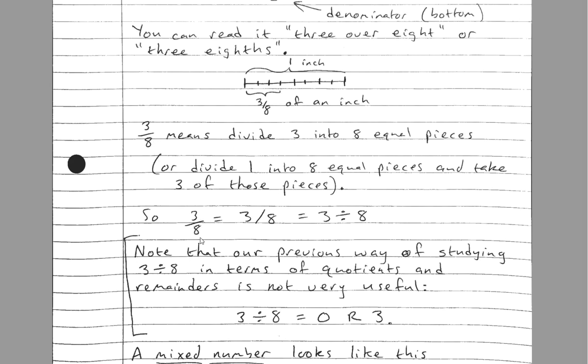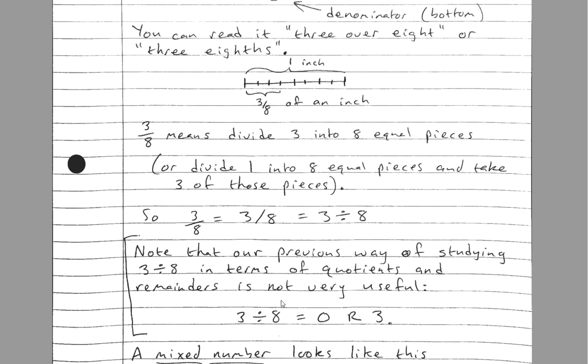So these fractions are telling us more than our previous way of looking at division in terms of quotients and remainders. In that language, 3 divided by 8, how many times does 8 fit into 3? Well, it fits in 0 times, and how much of 3 is left over? All of 3. So in terms of quotients and remainders, 3 divided by 8 is equal to 0 remainder 3.